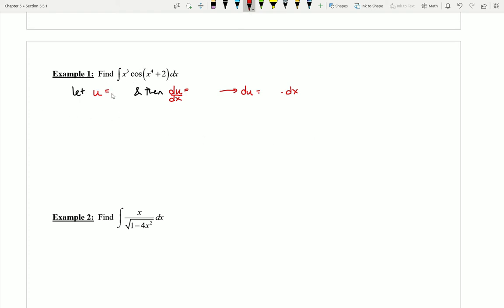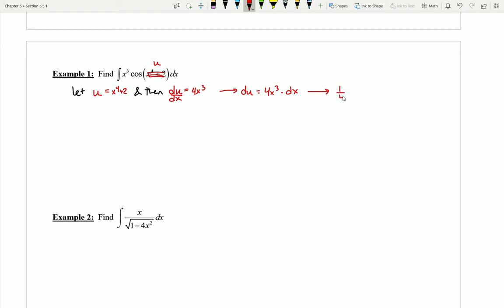Let's see. What if I tried something like x to the 4 plus 2? I could imagine erasing all of this and plugging in a u. Well, the derivative of this would end up being 4x to the third. Now, I don't really have a 4x to the third times a dx inside of here, but notice that I could make one final manipulation to this equation.